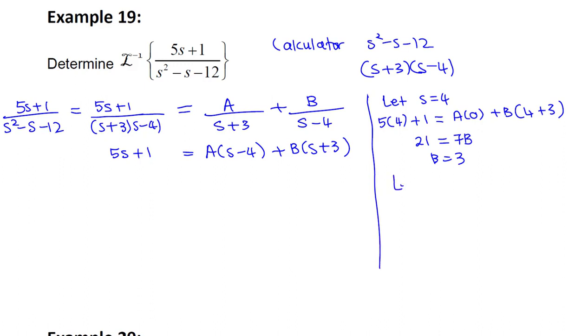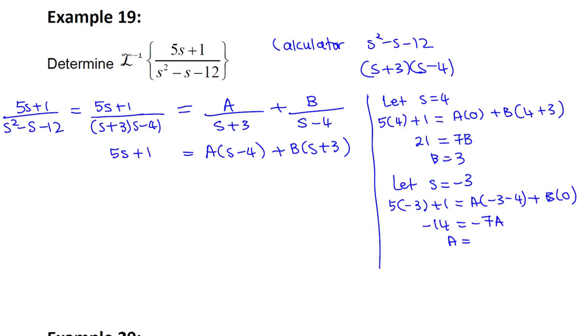And then you can let s equal to negative 3. So you get 5(negative 3) plus 1 equal to A(negative 3 minus 4) plus B(0). This one is negative 14 equal to negative 7A. So A is equal to 2.